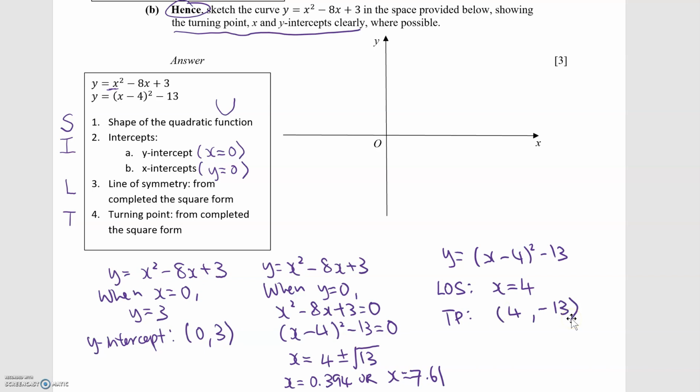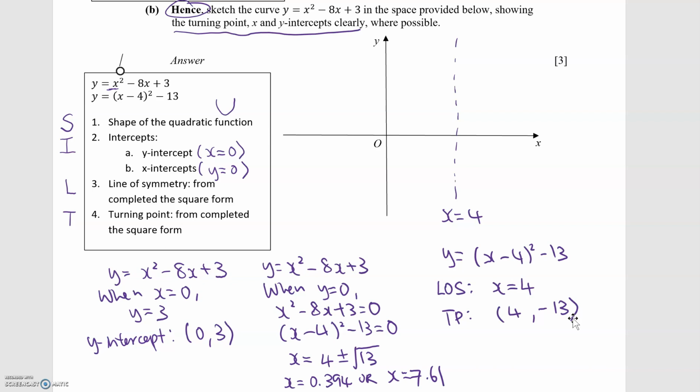Okay, so I need to now have a good idea of where my graph is centered. So I know that the line of symmetry is 4. Okay, so line of symmetry, x equals 4. My turning point is at the bottom. Okay, and my x-intercepts are both positive.